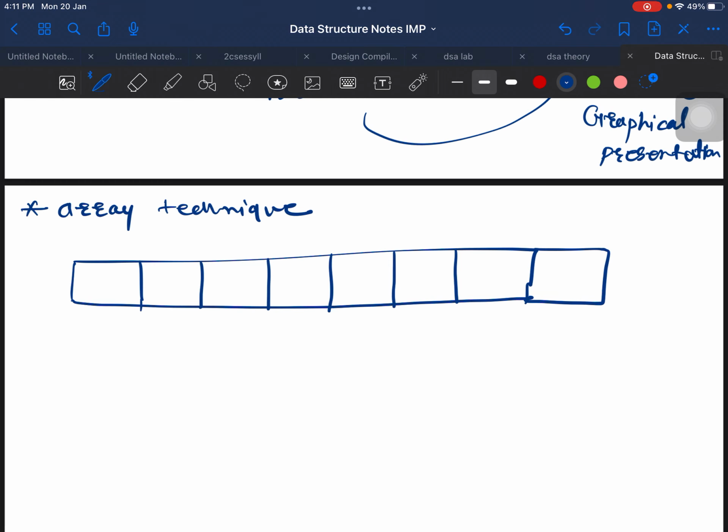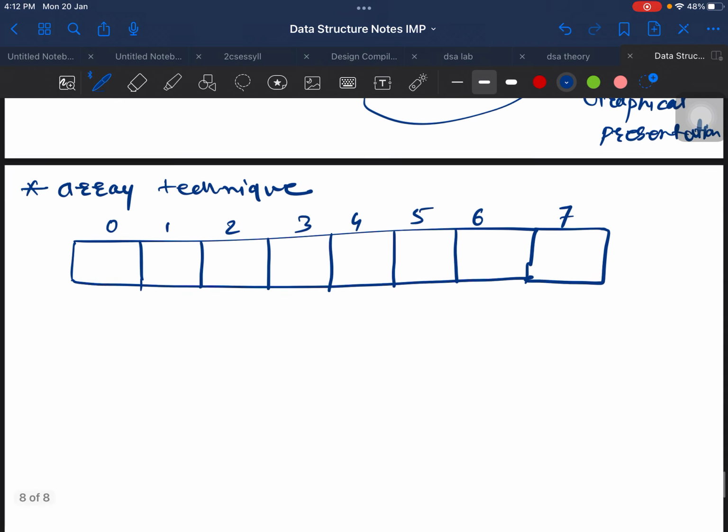Now here I am giving the indexing. My nodes are starting from 0, so the index values and the node values are the same. But if your nodes start from 1 to 8, then you have to write 1 2 3 4 5 6 7 8, forgetting about the array indexing which starts from 0. But now our nodes start from 0, so I am writing 0 1 2 3 4 5 6 7. So I have nodes 0 to 7.